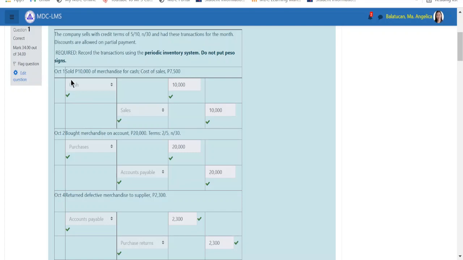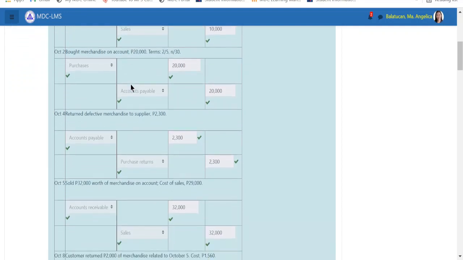So first we have to record the sales for cash, so debit cash and then credit sales, we will use 10,000 because this is the amount of sales. The cost of sales is recorded if it is perpetual inventory system.